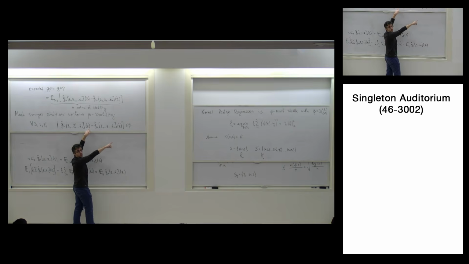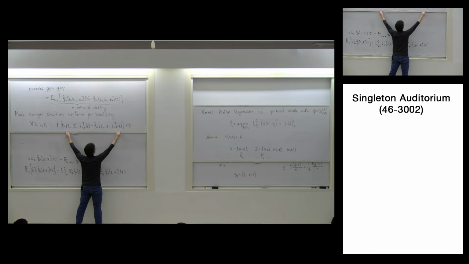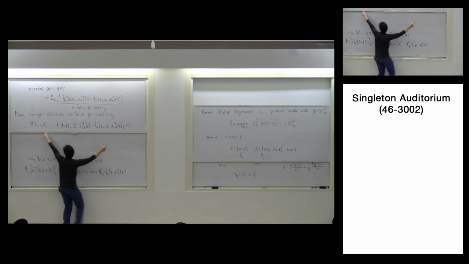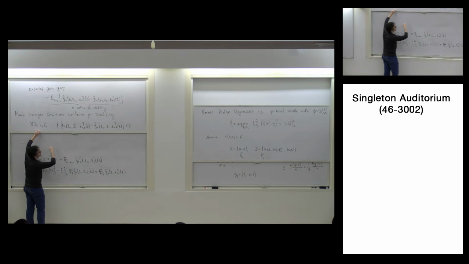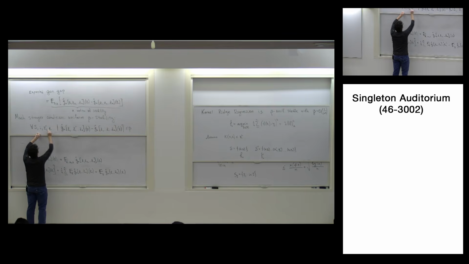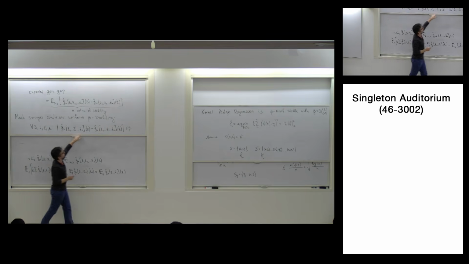So we'll get an L infinity bound between these functions, because it's for every z. Did I write for every z? Sorry, let me write for every z. So this is true for every z.